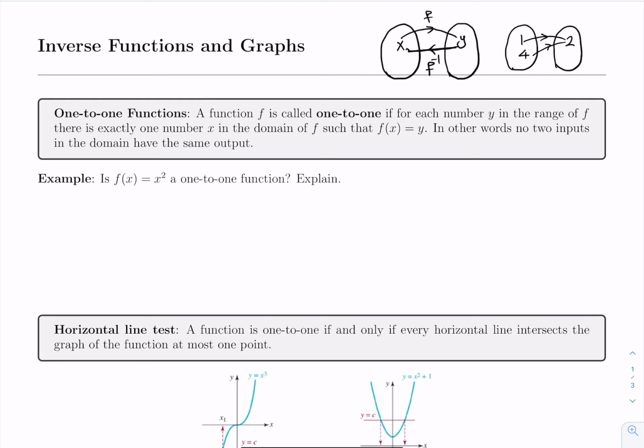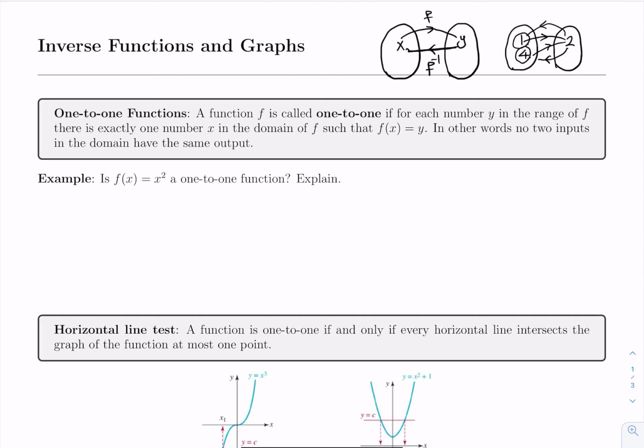If I try to inverse this function, I try to go back, what you notice right away is that for the input 2, there will be two different outputs, 1 and 4, and that's not a function. So clearly, not all functions have inverse. Which ones do? Only one-to-one functions.